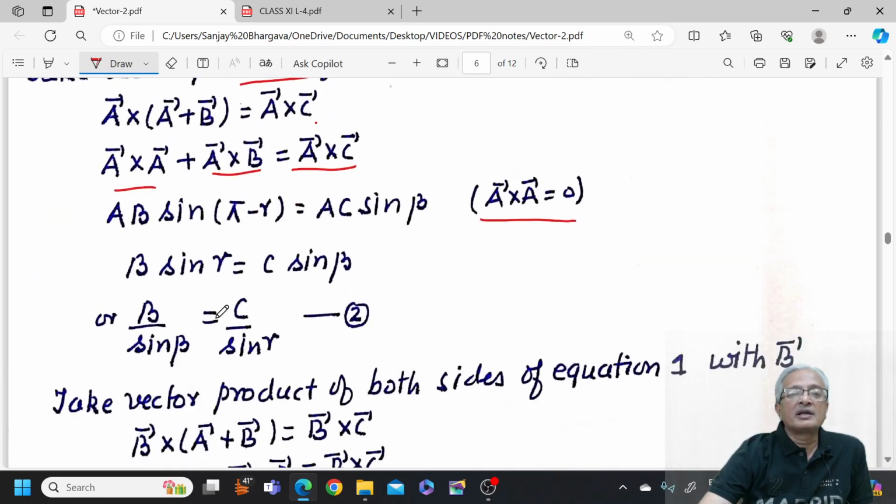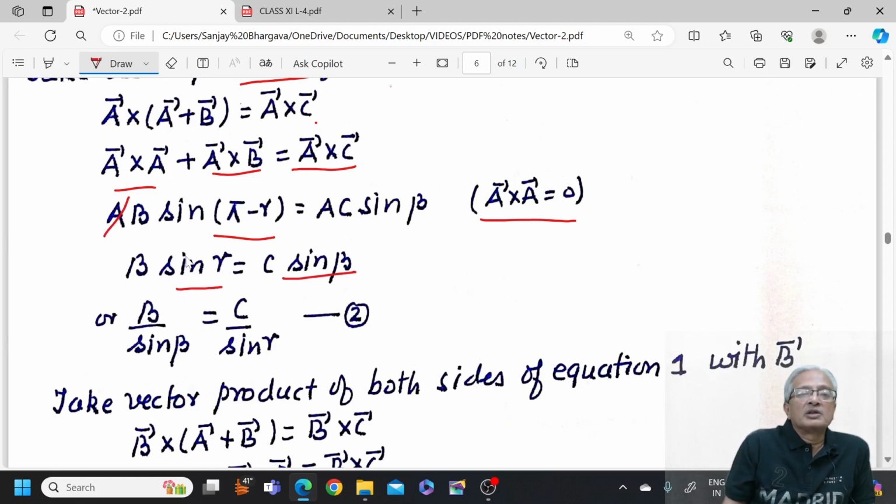So I write AB sine of 180 minus gamma, and sine of 180 minus gamma is in the second quadrant, where sine is positive, so I obtain sine gamma, equal to AC sine beta. A cancels on both sides. So I get B sine gamma would be C sine beta, which can be written as B upon sine beta is equal to C upon sine gamma, and that is equation number 2.